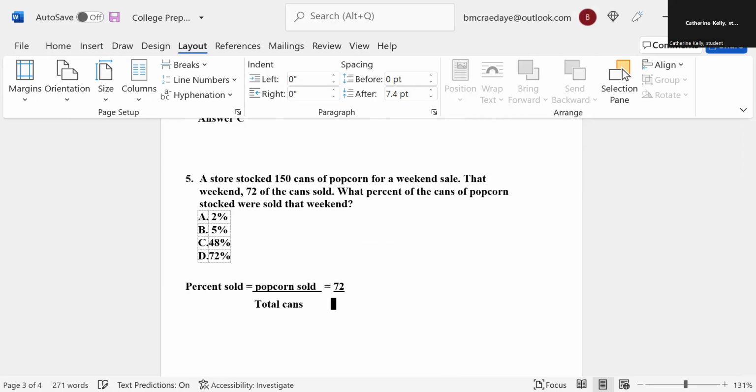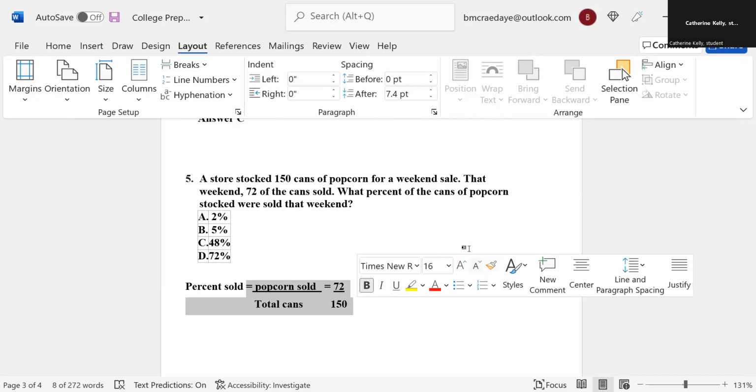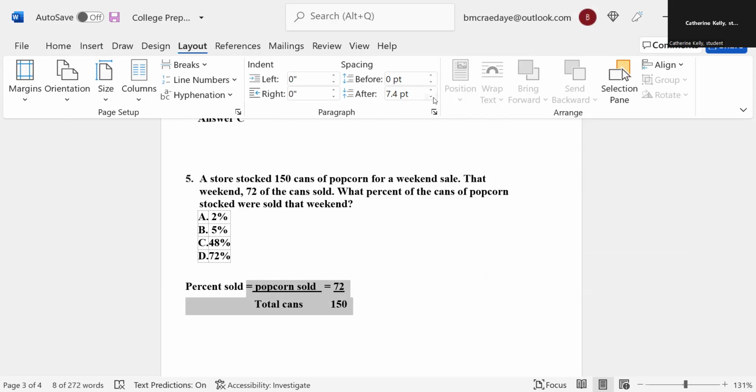What do you get when you divide that, Catherine? No, it's 72 divided by 150. Your 72 is your dividend. Your 150 is your divisor. So when you divide 72 by 150, you get a decimal.